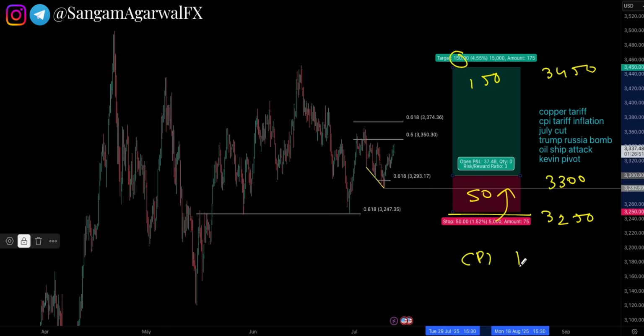Next week, CPI, PPI, Trump tariff, anything happens, you have an entry and it is now risk free, because you risk $50 to make 150, risk reward ratio 3.